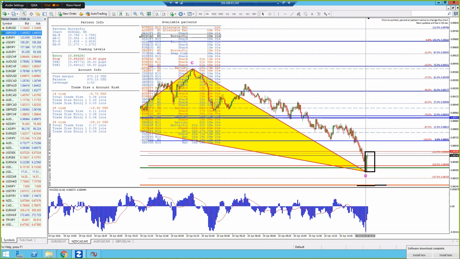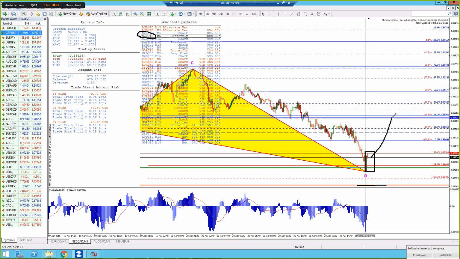NZD-CAD. You're looking for this to start to turn back up. We'll see if that plays out. It's kind of a little bit late in the game here, guys, but we'll see. Order pending.